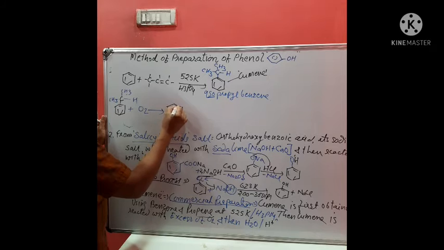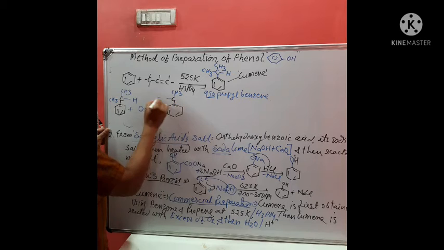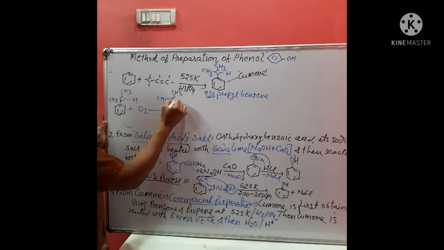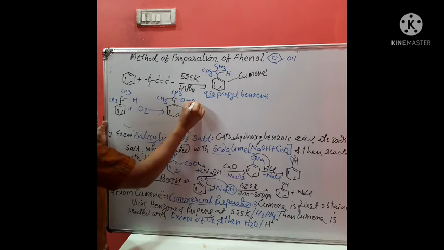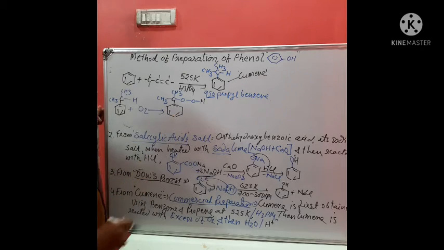This is C, this is one more CH3, this is CH3, and now the CH bond is ruptured and the oxygen enters here, forming O, and now this is H. This is called peroxide.